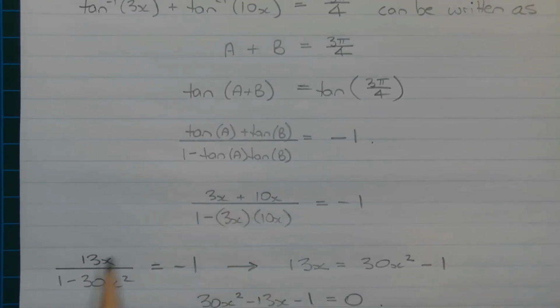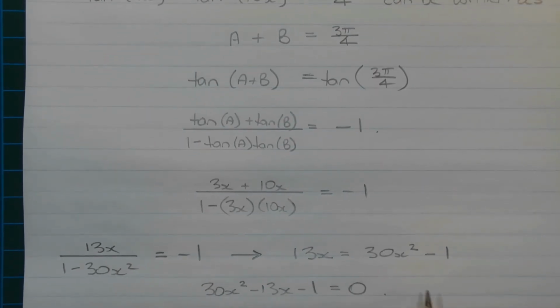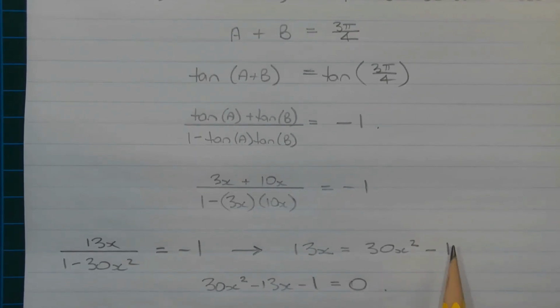Now 3x plus 10x is 13x. 1 minus 3x times 10x is 1 minus 30x squared, and that equals negative 1. And by cross multiplication, we form the equation 13x is equal to 30x squared minus 1. Rearranging this equation to form a non-monic quadratic equation, we get 30x squared minus 13x minus 1 equals 0.